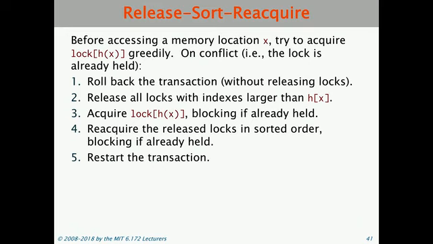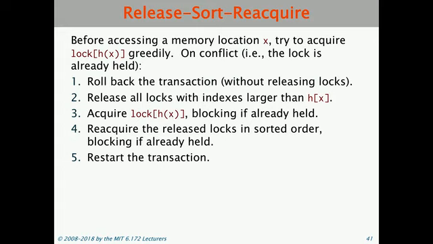And now at that point, I've released all the bigger locks, so I'm acquiring the next lock. And then I reacquire the released locks in sorted order. So I go through all the locks I released and I reacquire them in sorted order. Okay? And then I start my transaction over again. I try again. So what happens each time through this process is that whenever I'm trying to acquire a lock, I'm only holding locks that are smaller.